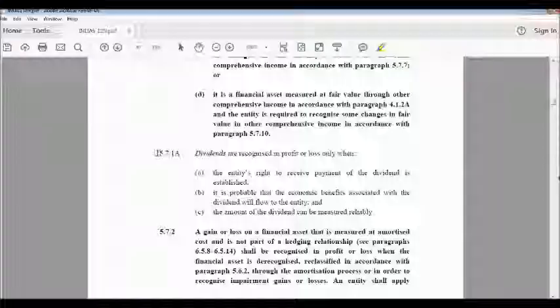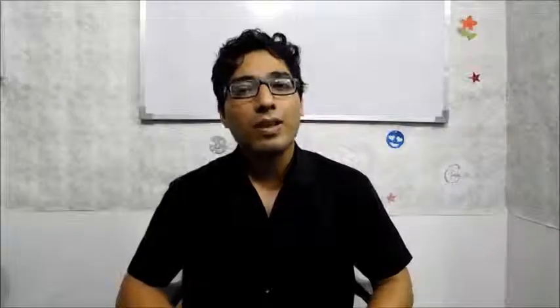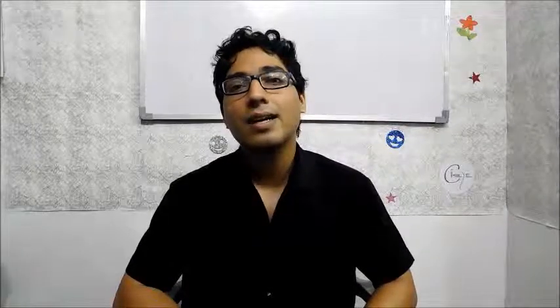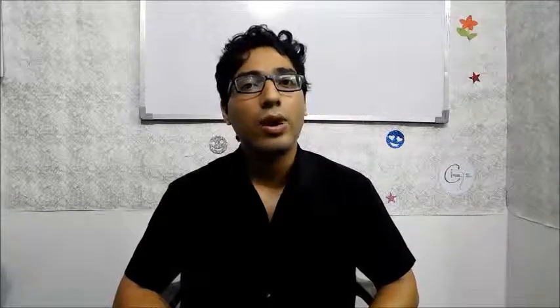Paragraph number 5.7.1A also discusses the dividend. It says dividends are recognized in profit or loss only when the entity's right to receive payment of the dividend is established, it is probable that the economic benefit associated with the dividend will flow to the entity, and the amount of the dividend can be measured reliably. As you can see, this is exactly the same as what was there in Accounting Standard 9 on revenue recognition.